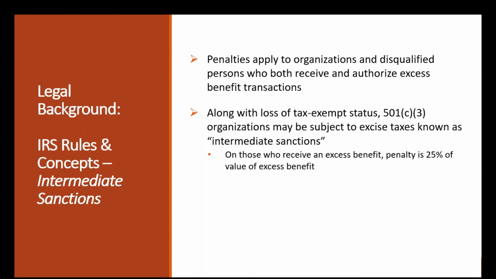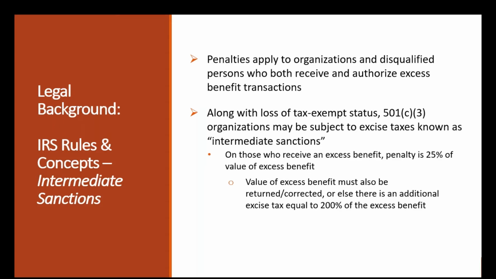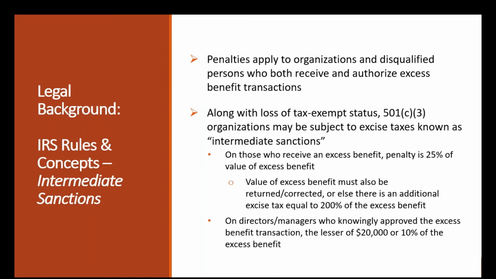And so for those who receive an excess benefit, that individual must pay a penalty equal to 25% of the value of the excess benefit that they received. They must also return or correct the value of the excess benefit itself, or else they have to pay an additional 200% excise tax on the value of those benefits. Now, here's what's interesting.